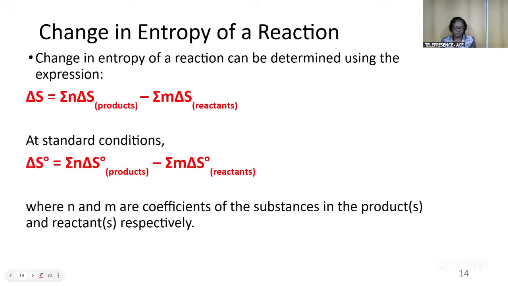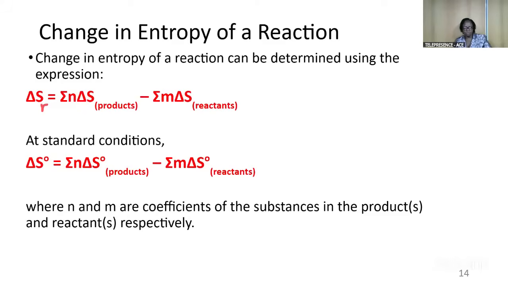And so the summation of the entropy of all of the molecules in that system on the product side minus the summation of all of the entropy of all the moles of substances present on the reactant side will give you the delta S for the reaction. So delta S, this is delta S for reaction, if I can put R there. So for reaction, that is what you have.